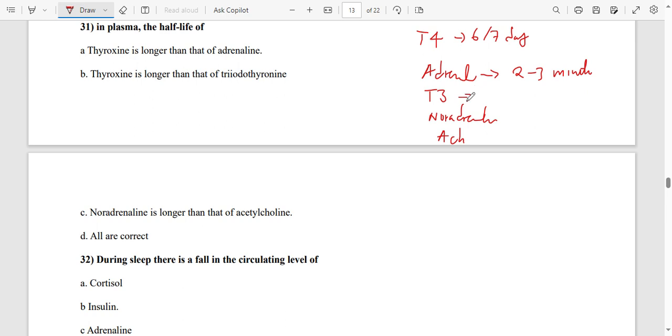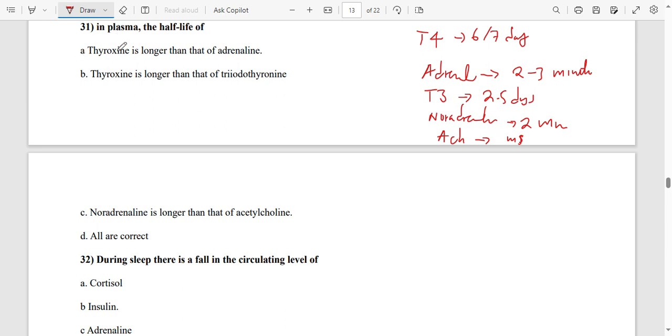Half-life of T3 is around 2.5 days. And then for noradrenaline is just around 2 minutes. And then acetylcholine, its half-life is just a matter of milliseconds. So within a few seconds in blood, its concentration is going to reduce to half.